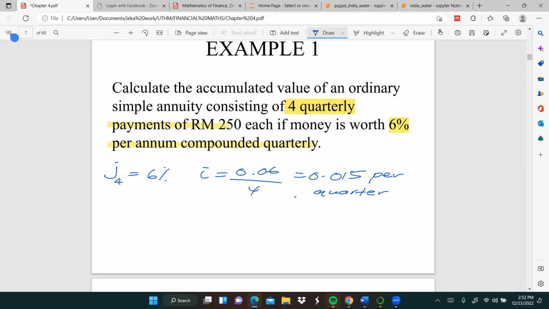Next, we want to find the sum of the accumulated value of the RM250 payments.